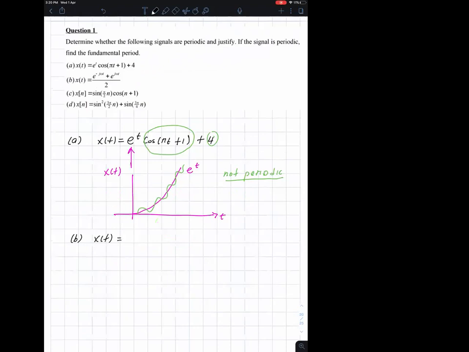x(t) is e to the minus j omega t plus e to the j omega t, divided by 2.